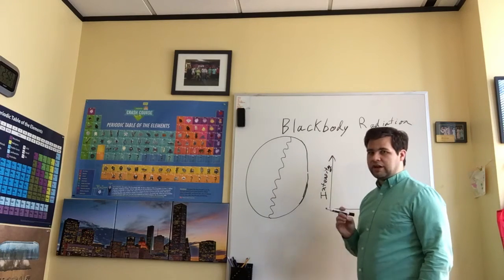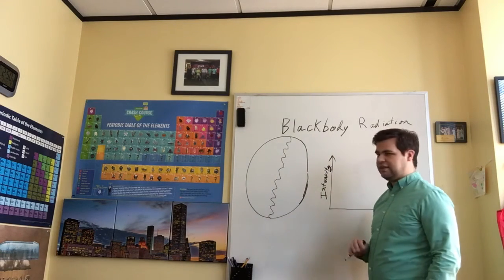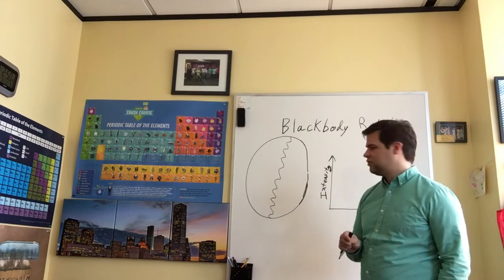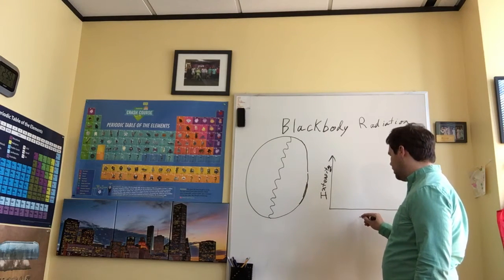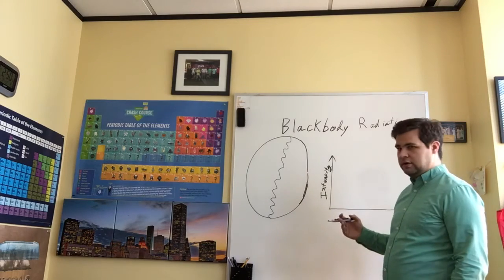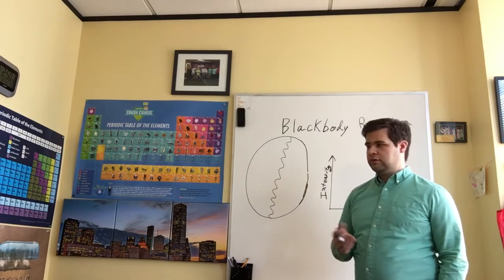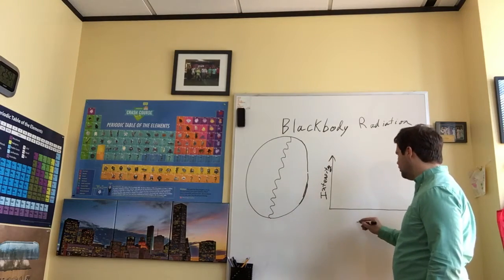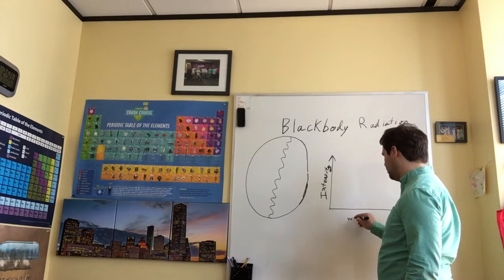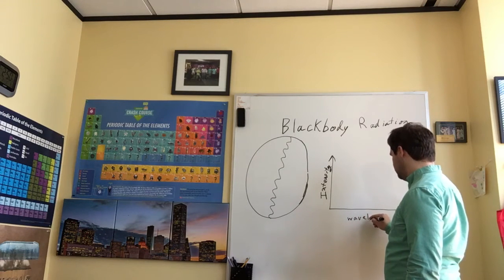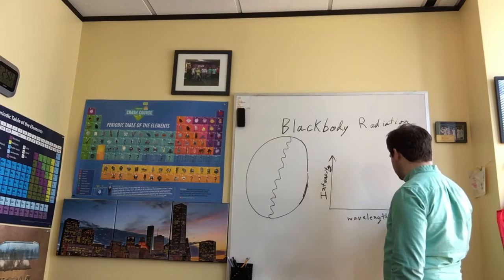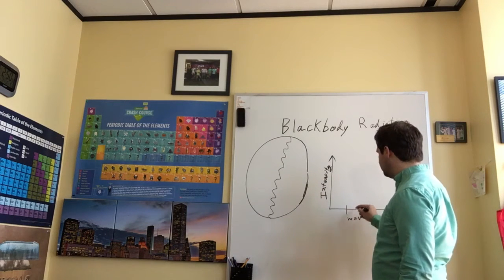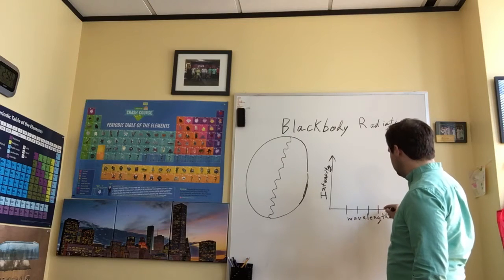It gets somewhat complicated, so we'll just call it an intensity and not worry what the units are. And then on this side you would have frequency, or you could use wavelengths conceivably. So we're going to call it wavelength in nanometers.